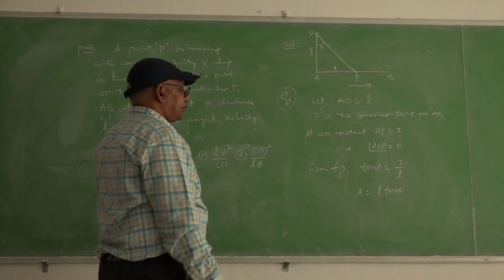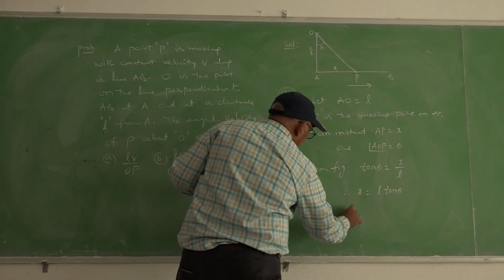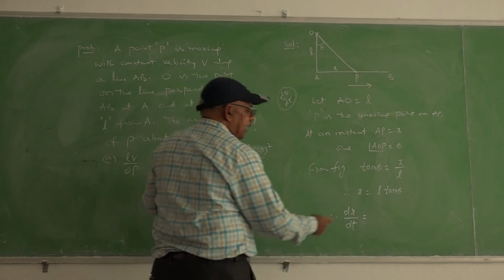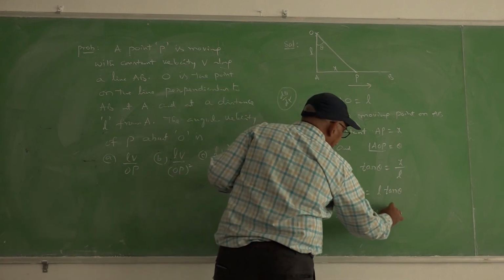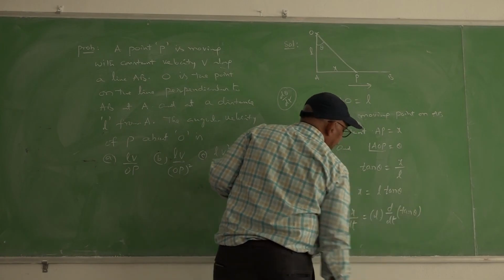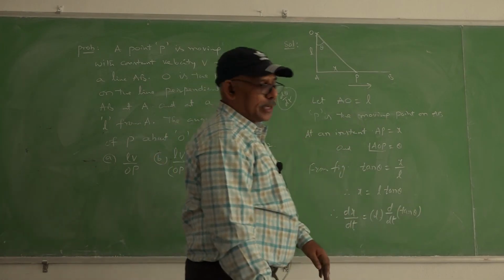Now differentiating with respect to t on both sides, dx by dt equals L, which is constant, into d by dt of tan theta.